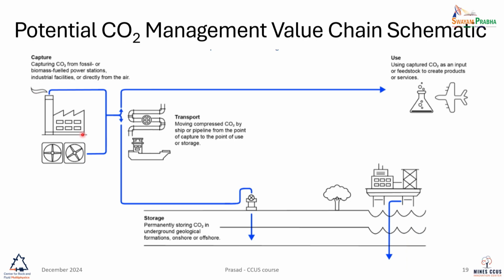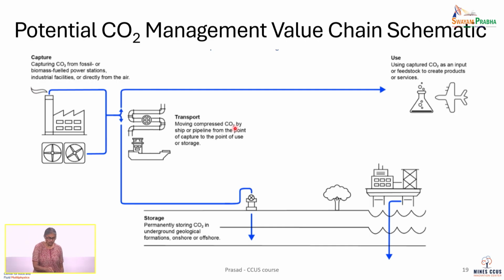So when we are designing all of this, we have a capture plant out here. And we need to have some sort of a transport mechanism. This can be by way of pipeline. It can be by way of compressed gas, either in liquid state, supercritical state, in some cases solid state. And the transport can be either through pipeline or by road or in ships.